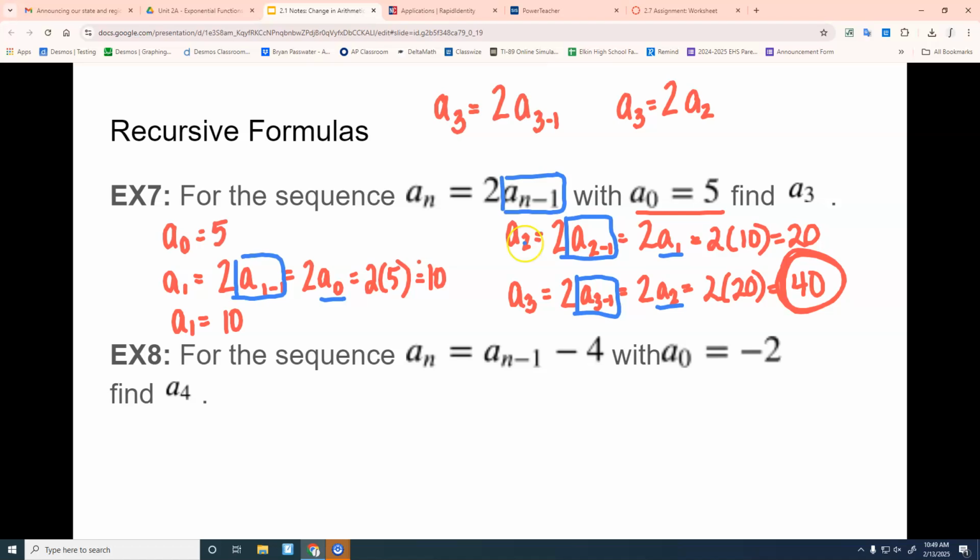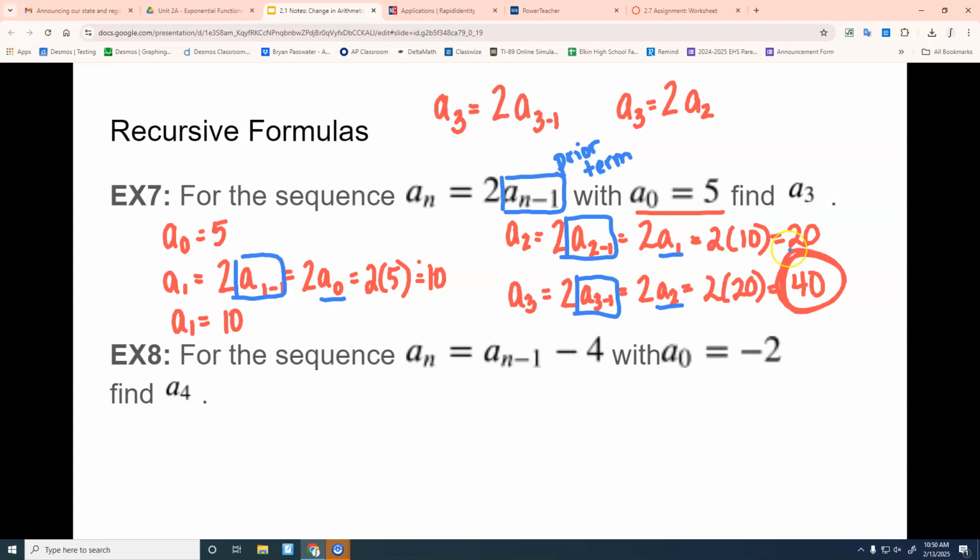When I was looking for a sub 2, it gave me a sub 1. If I was looking for 3, it gave me a sub 2. So when you see that a sub n minus 1, this is the prior term. Because if we take whatever term we're looking for and subtract one from it, it's just going to give us the one that was before it, right?